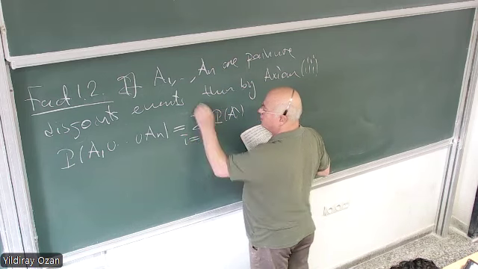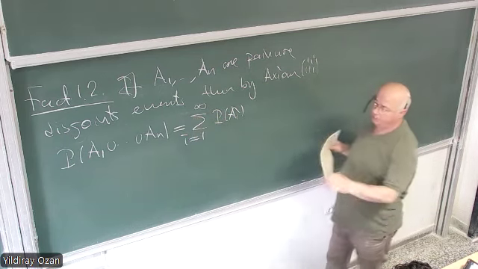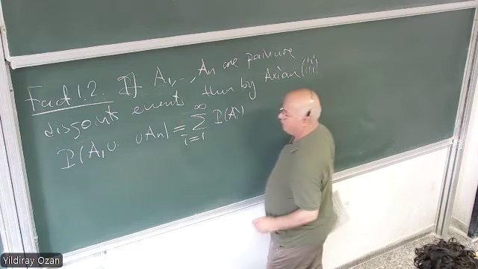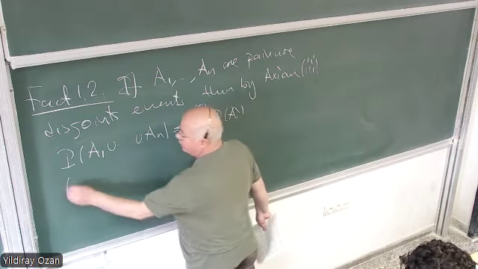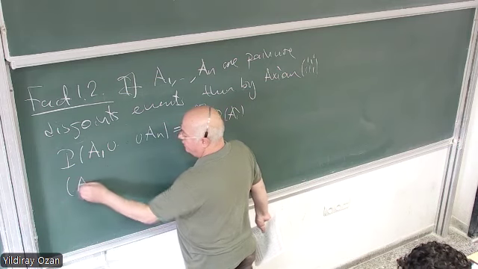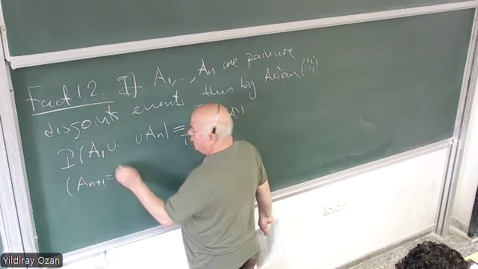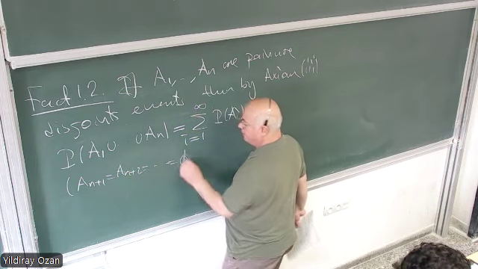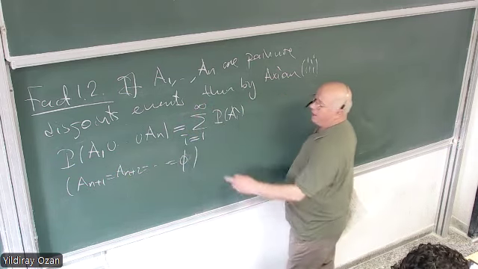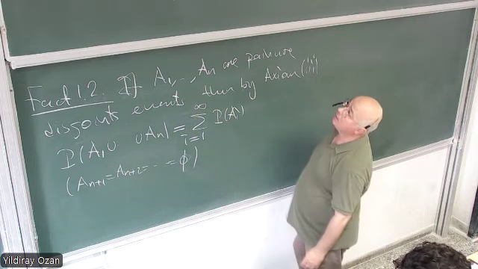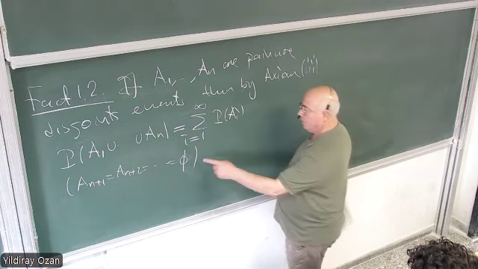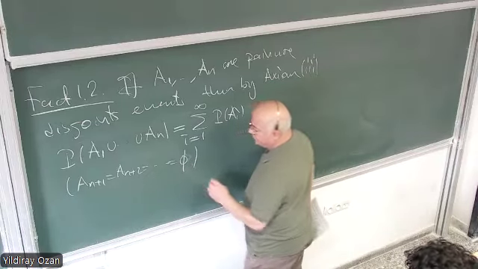So you don't have to take an infinite sequence. Actually, you may just consider this as an infinite sequence of events by letting AN plus 1, AN plus 2, and so on are all the empty set, and the probability of the empty set is 0.